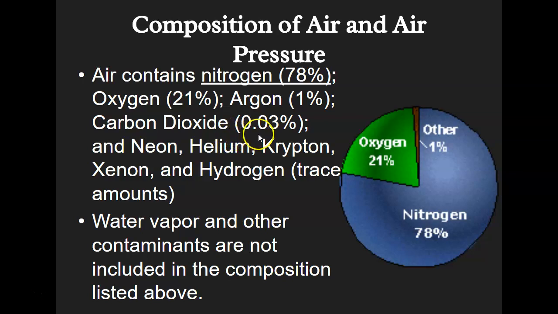Carbon dioxide is at about 0.03%, and neon, helium, krypton, xenon, and hydrogen are also in trace amounts. Now, this does not include water vapor and any other contaminants that may be included. It's not included in this graph here. So the air is 78% nitrogen, 21% oxygen, and 1% other.